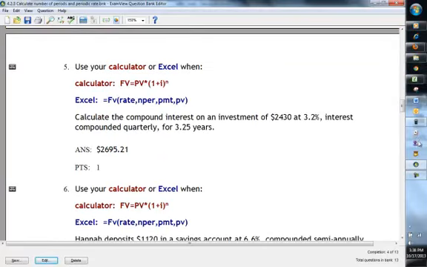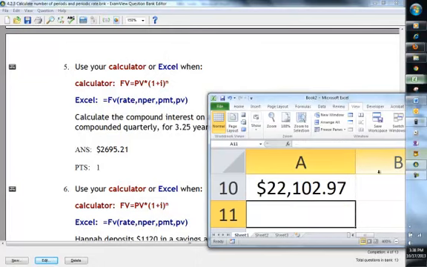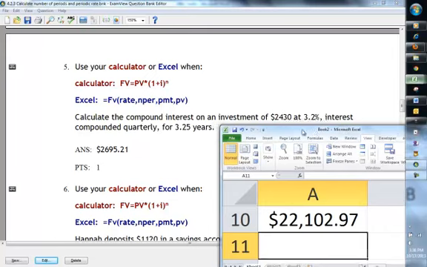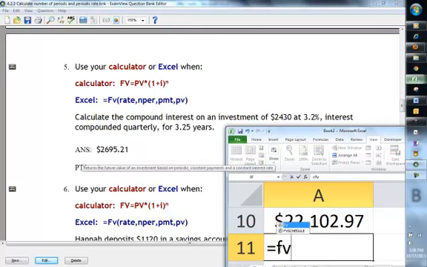Next one. Calculate the compound interest on an investment of $24.30 at 3.2% interest compounded quarterly for 3.25 years. So we're looking for the compounded amount, not the compound interest. Equals future value.